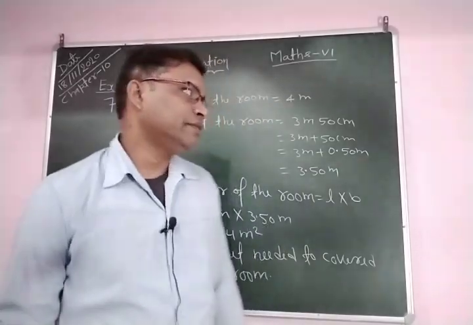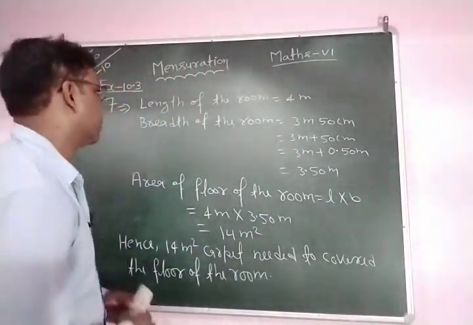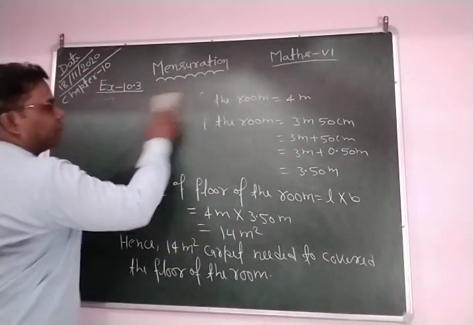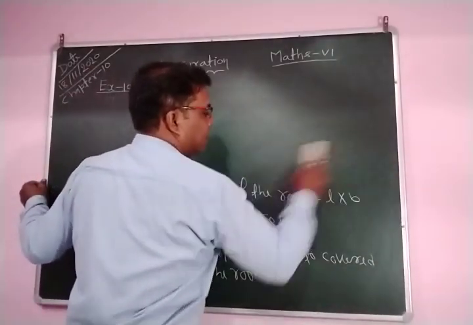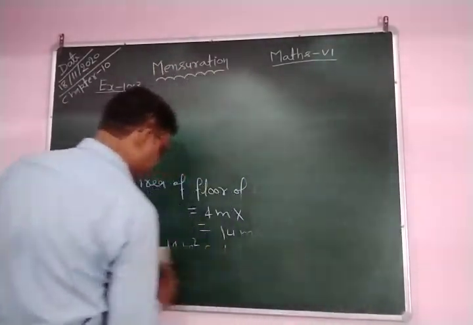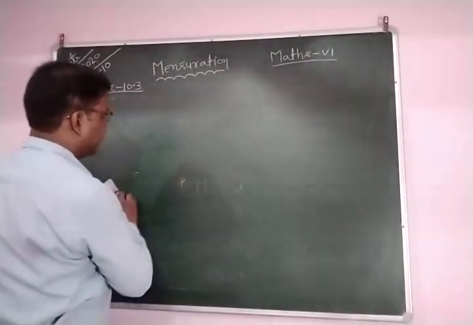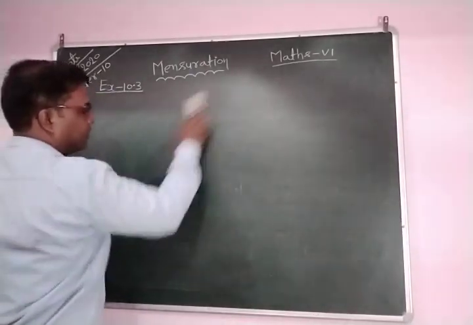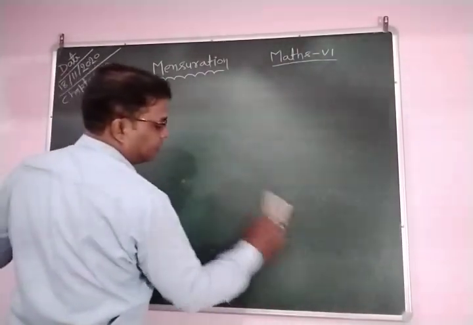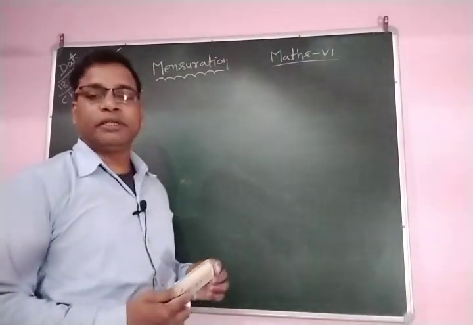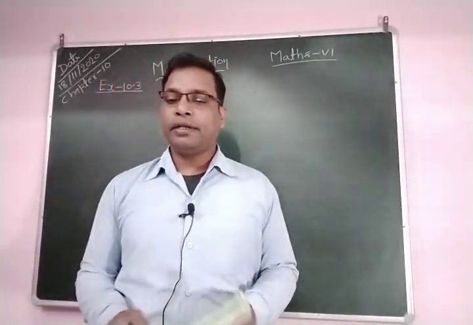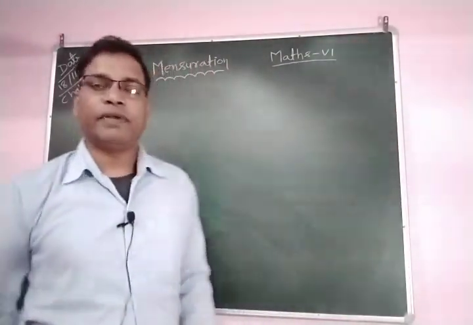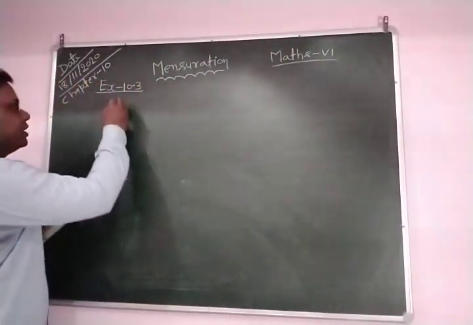Okay, so let's see how we can solve these questions. First, the area of the floor is given here in question number 8. The length and the breadth are given here. Length is given here as 5 meters and breadth is 4 meters wide. So first write question number 8 here.